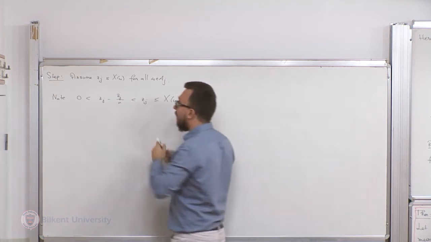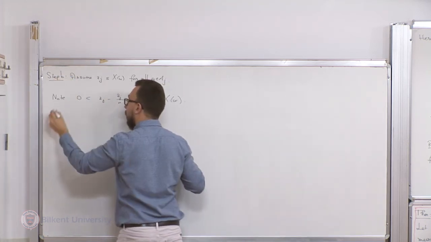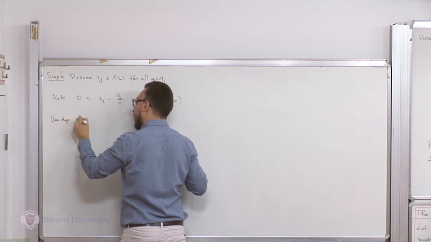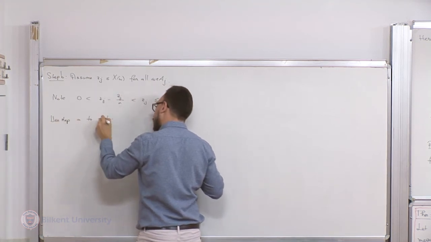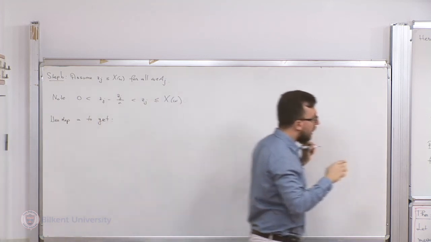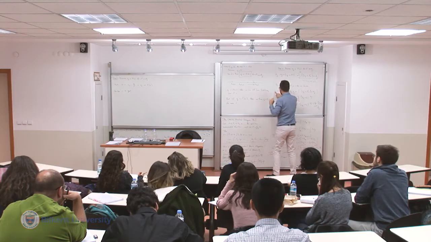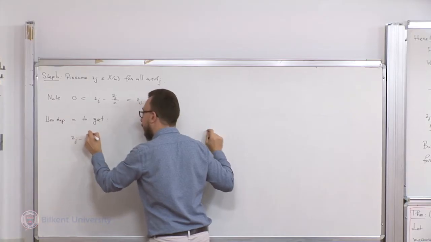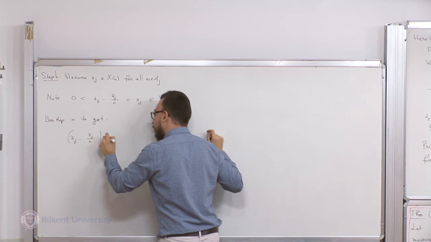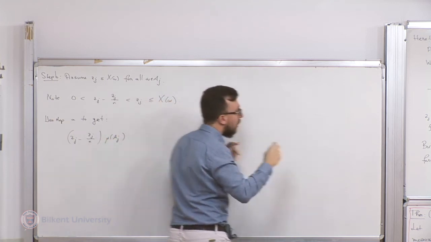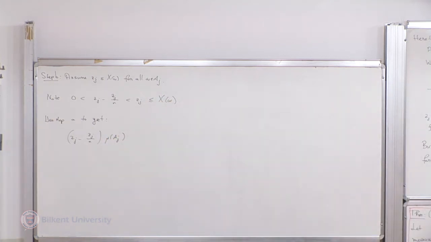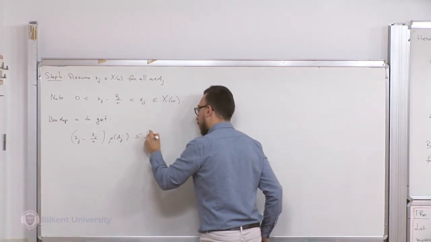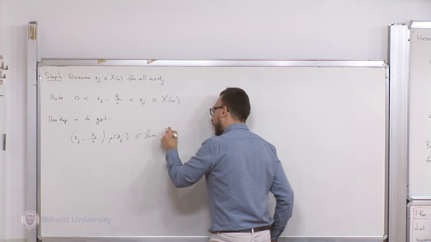Therefore, you can use step A. Use step A to get, let's just cheat, okay? So this is zj, but now it is zj minus zj over n times mu of Aj is less than the limit of the integral over Aj of xn d mu.